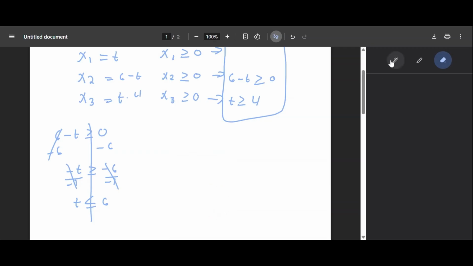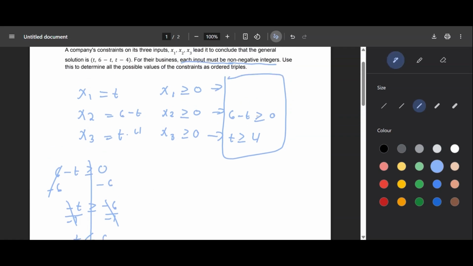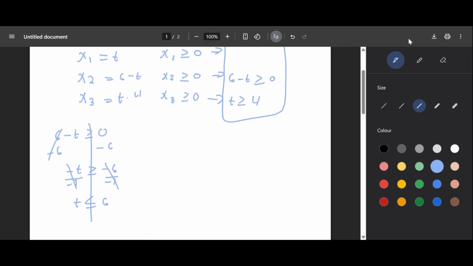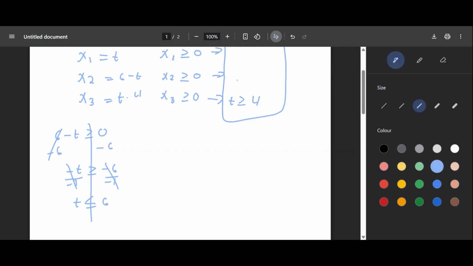I'll just go ahead and erase all that. So, to recap, we took this statement right here, and we rephrased it like this, and we made sure that it was accurate by flipping that sign. Okay, so I'm going to erase this and replace it with our accurate information. So now we have t has to be less than or equal to 6. And this actually gives us a pretty good range here. So we know that t has to be greater than or equal to 4 and less than or equal to 6.